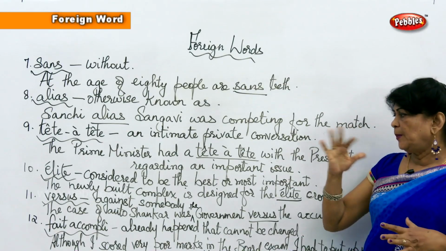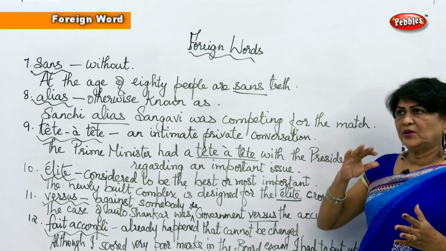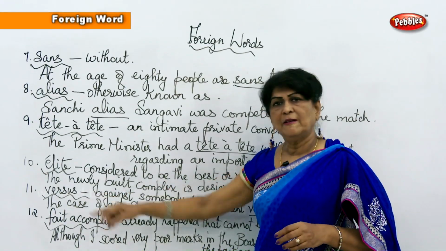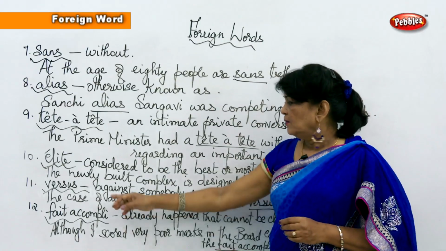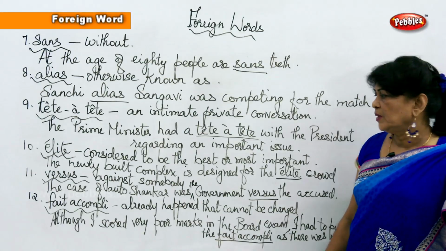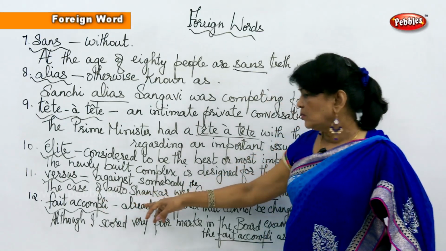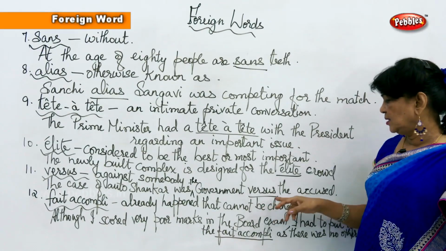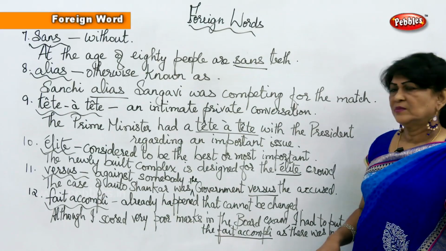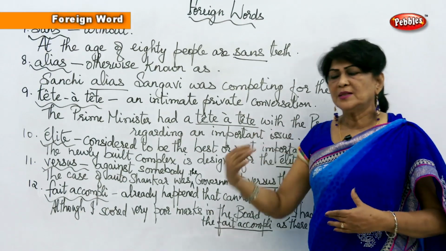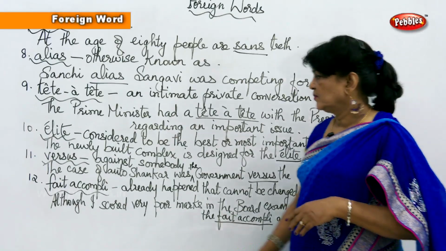Elite means the best crowd, maybe the rich and the best crowd. Next one, versus. Versus means against somebody or something. The case of Otto Shankar was the government versus the accused.